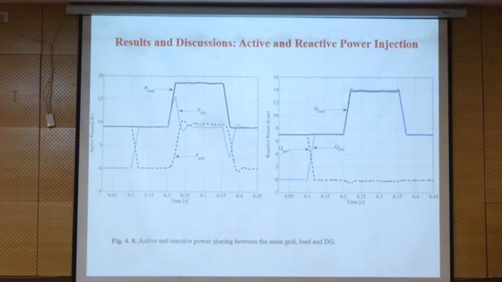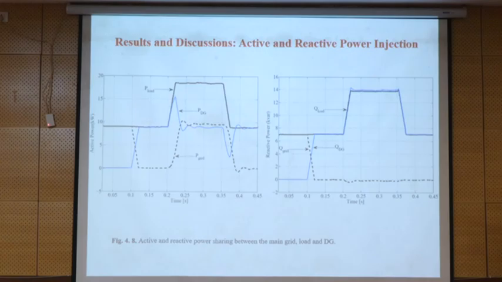So this is the load, and we see that it follows the load. But when the load increases, the DG cannot increase, it injects the same power because we have a limiter for that. And then the rest of the power is coming from the grid. Yeah, this is the grid. You see that this plus this is equal to this.